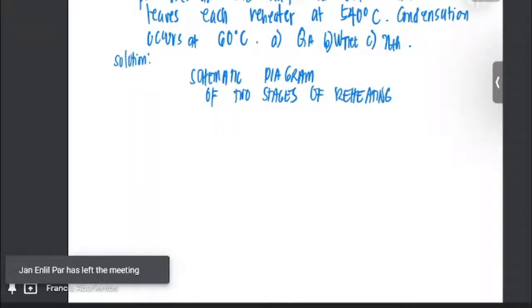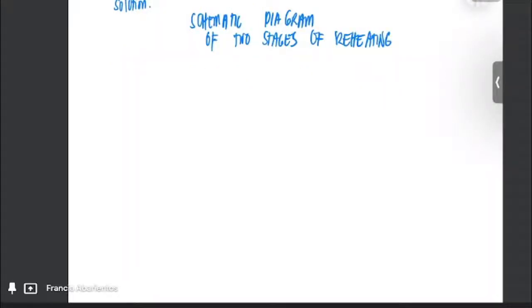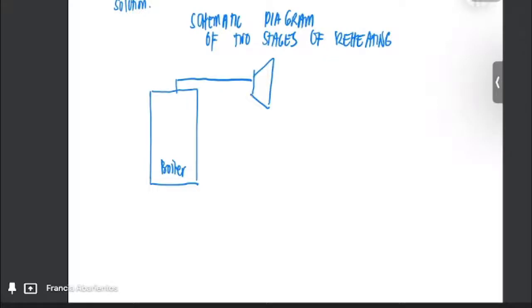Ito yung boiler natin. We have the boiler. From that, meron tayo the first turbine. Meron ka dyan yung shaft work mo at the first turbine.